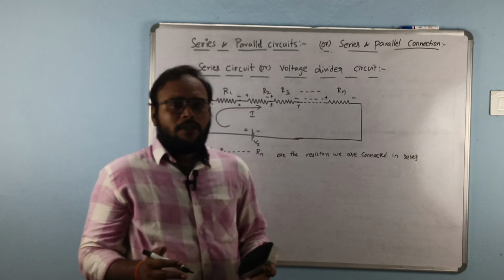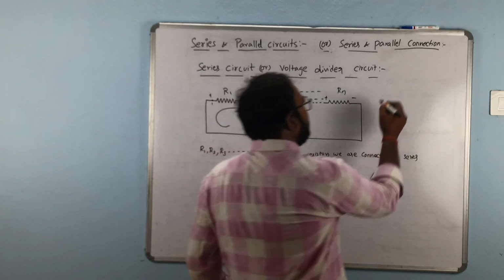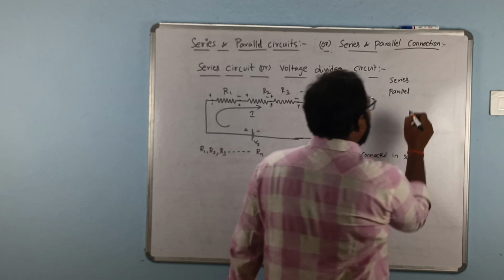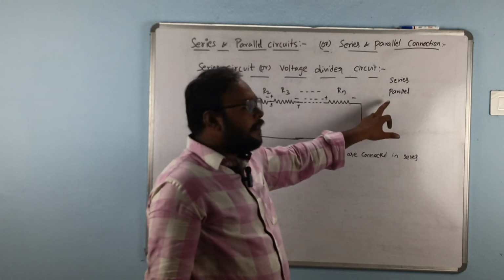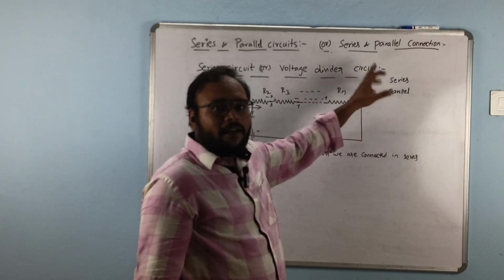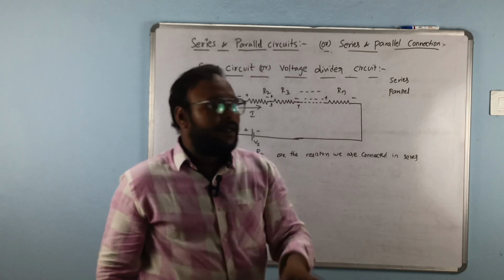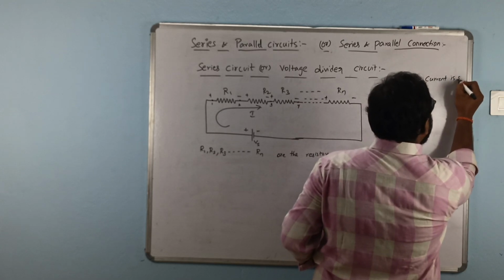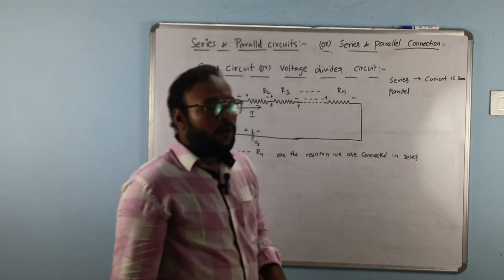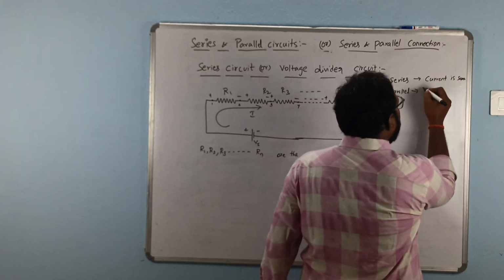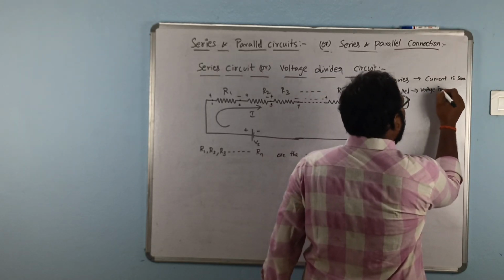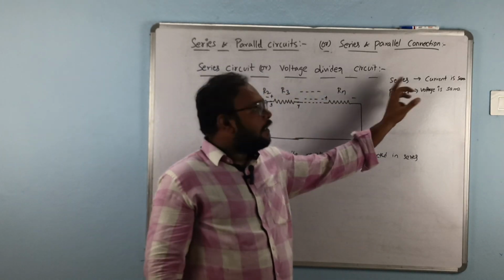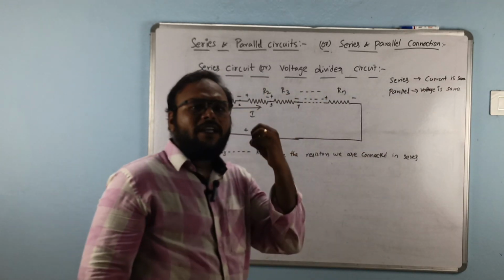In a series circuit, current is always the same. There are two types of connections, series and parallel. In a series connection, the current through any element is the same, while in a parallel connection, the voltage is the same.